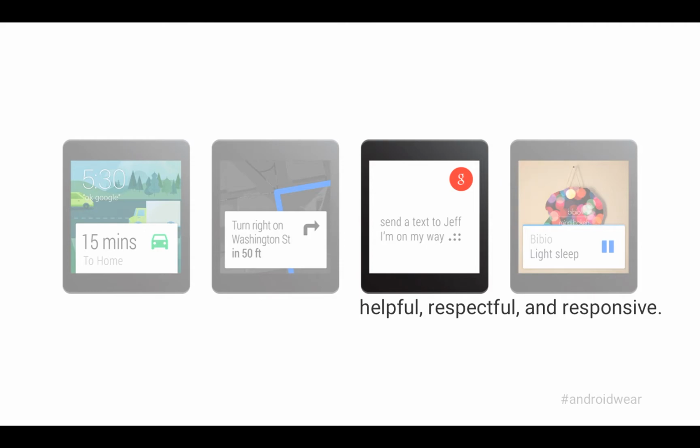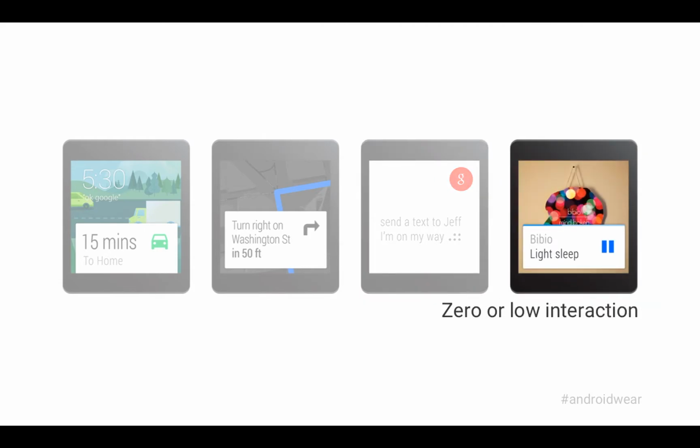As soon as you give it a command like send a text message to your friend, it does the action immediately. And the amount of effort going into responding to Android Wear is very, very little. The amount of interaction is very little, so that you can do more with less time and less space. So this is the whole vision and the philosophy behind Android Wear.